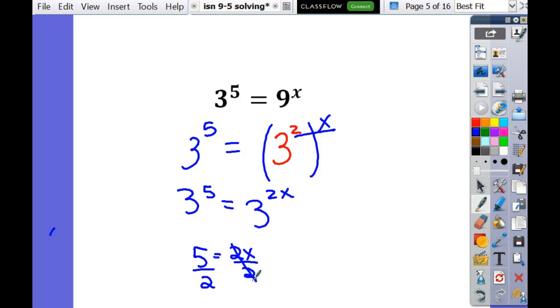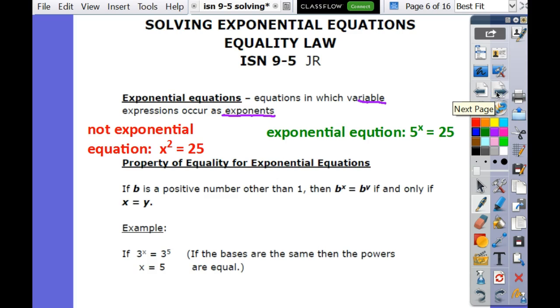Often in these kinds of problems, you will not have whole number answers. You will have fraction answers. That's going to be okay. Now look at your gold note paper. It says just what I was explaining to you. Exponential equations have a variable that is an exponent. This is an exponential equation.